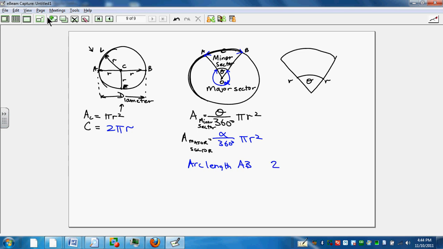It will be 2 pi r, like this. Good? And it'll be a fraction of that. So if it was the minor sector we were looking at and the minor arc length AB, all we'd have to do is use the same fraction, which would be theta over 360 degrees. Okay? And if you wanted to find the major arc length going around on the other side, it would have been alpha over 360 times 2 pi r. Okay?